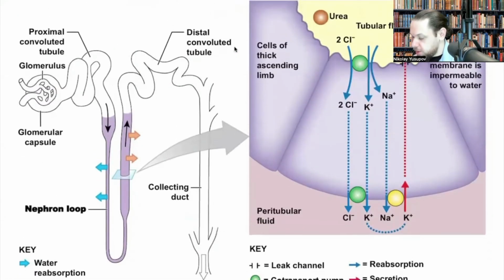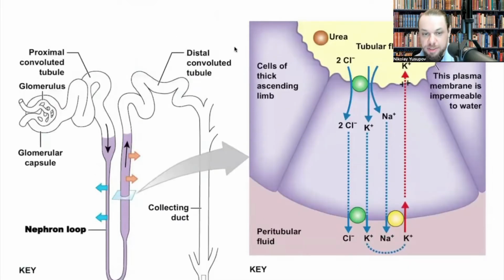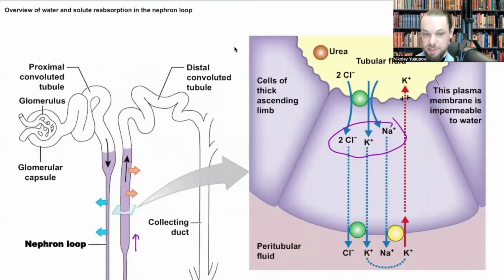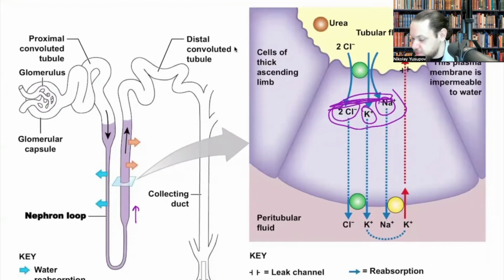The important thing about the kidneys, in this portion of your thick ascending loop of Henle, is we have these sodium chloride 2 transporters. There is a drug called furosemide that blocks these. So if I block these channels, more of these cations will be lost in the urine.